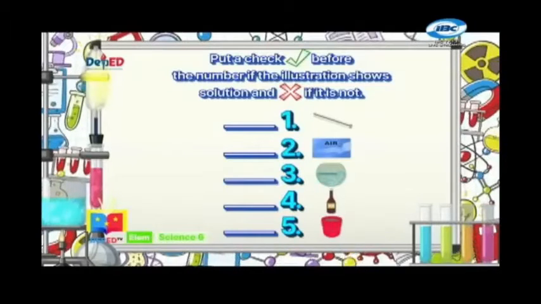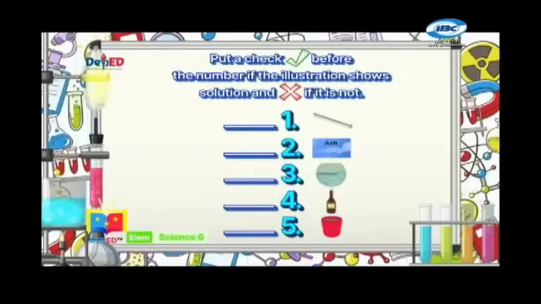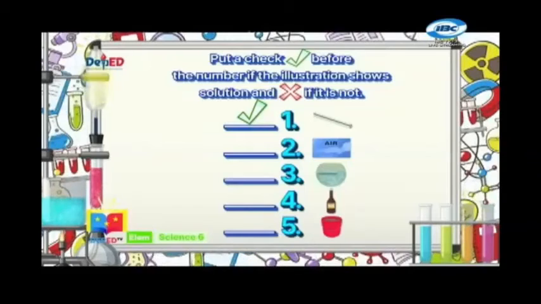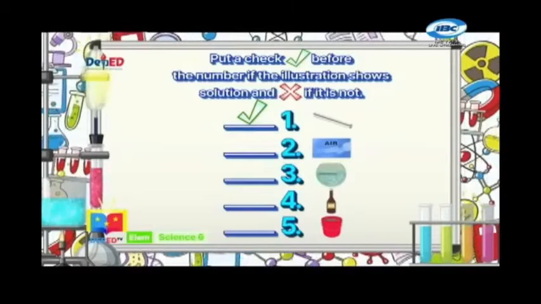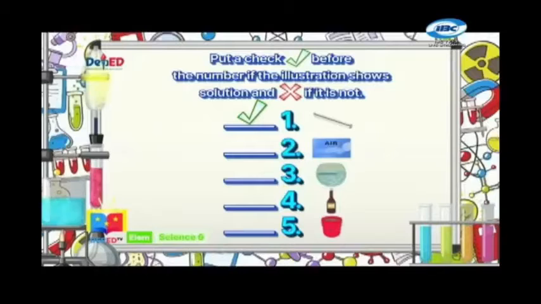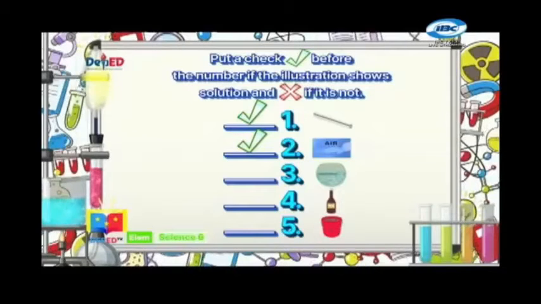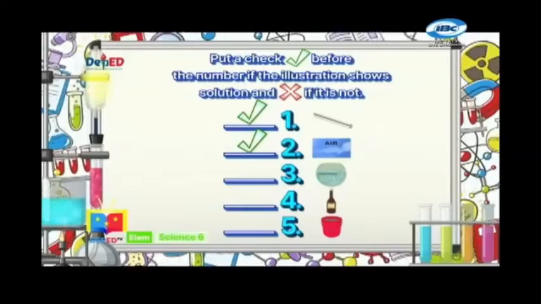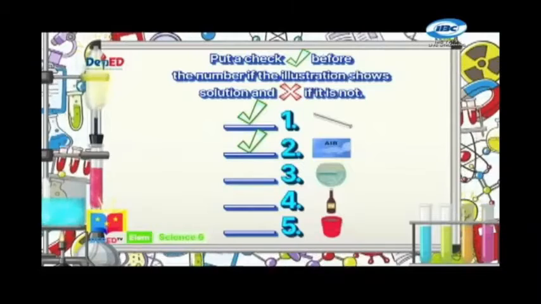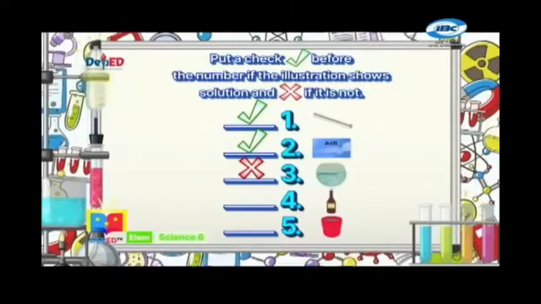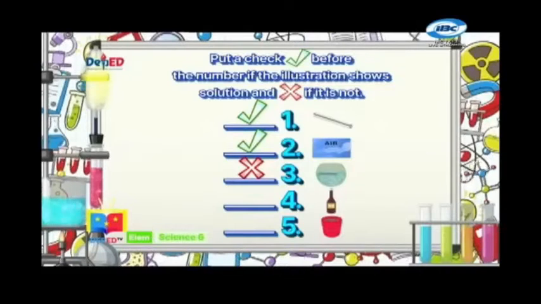Here are the answers. Steel rod is a solid solution, so the correct answer is a check mark. Air is a gaseous solution, so the correct answer is also a check mark. Next, the pieces of paper in the water is not a solution, since we can still see the pieces of paper, so the answer is X. On the other hand, wine is a solution, so the answer is a check mark.